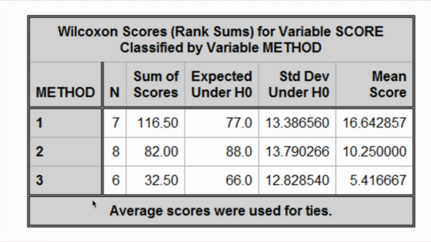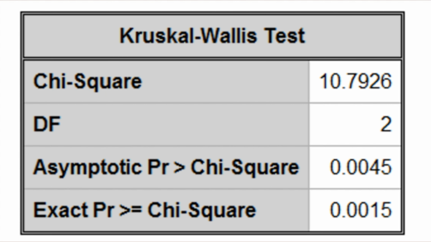And so here's the first table of results. We have our sample sizes, 7, 8, and 6. We have the rank sums for the three samples. And then here is the output. When we have more than two groups, this is the table of p-values that we get. We can see that it specifically says the Kruskal-Wallis test.